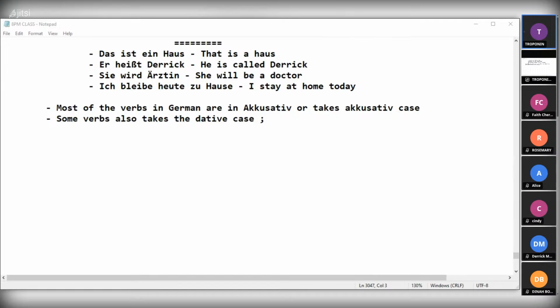Should I list 1,000 verbs or should I list the 18 verbs of dative, and then you cram the dative verbs and the nominative verbs and you assume other verbs are accusative?